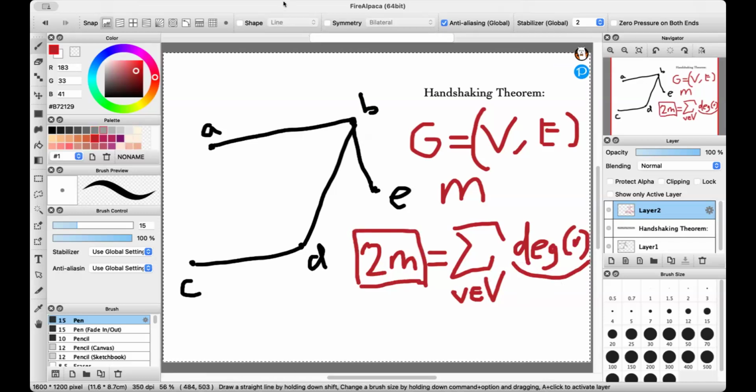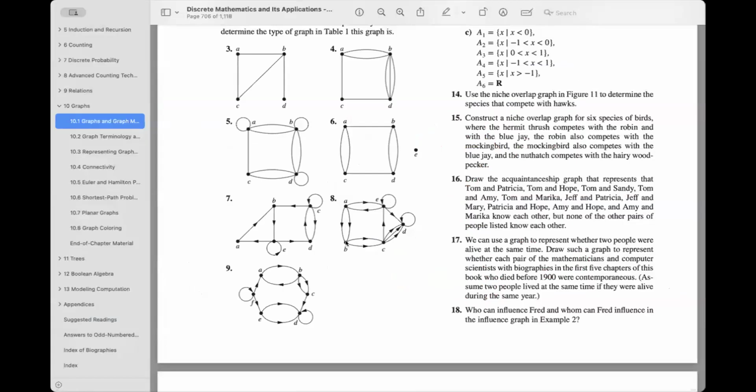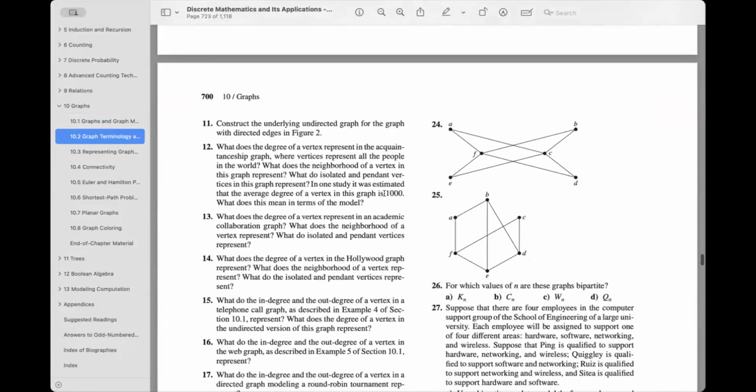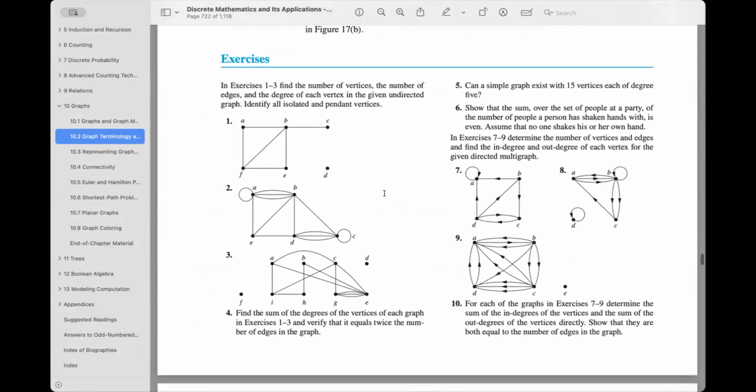Let me use an example from the textbook. 10.2. A problem that relates to this is number 5 here, which says, can a simple graph exist with 15 vertices, each of degree 5? The answer would be no, because if you have 15 vertices of degree 5, you have 15 times 5, because each vertex has degree 5.